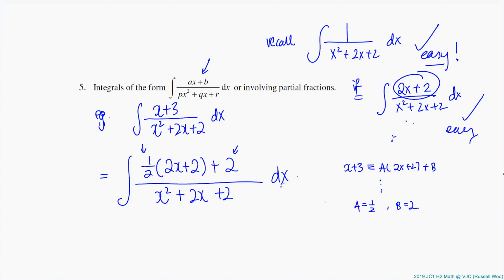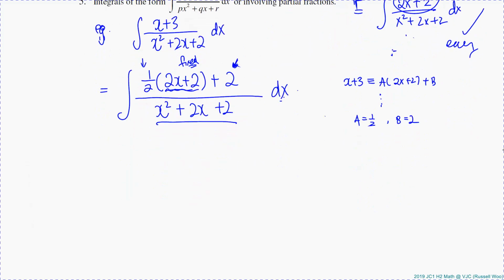Now, why do I want to rewrite in this form? Because this is my f prime x. This is very important. This is fixed. You cannot change this guy because if the denominator is this, your f prime x must be this. Then this b can be anything. It doesn't really matter. It's just a number. Now the magic comes in the next step.